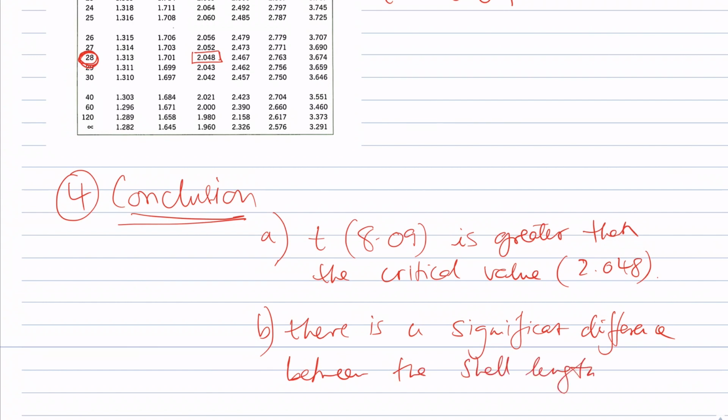Again, we've stated what the test shows, but then we've got to make it relevant to the question, to the scenario that we've been given, that there is a significant difference between the shell length of population 1 and population 2.